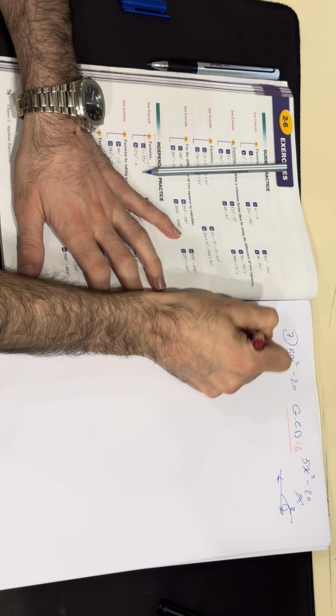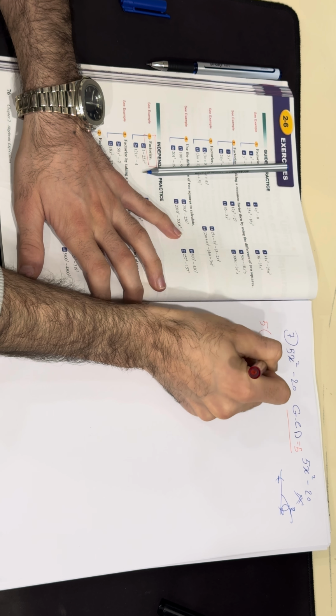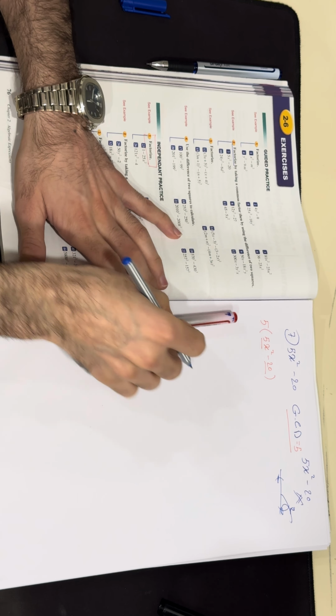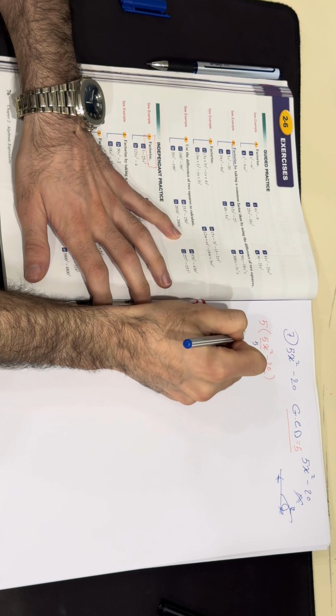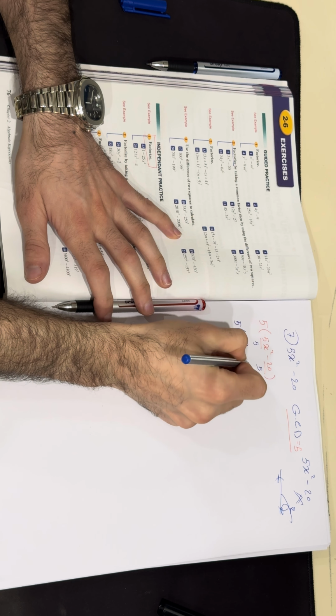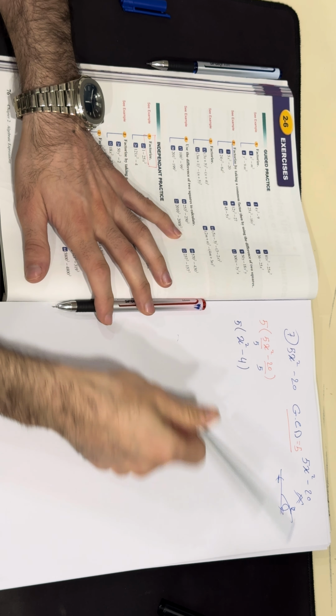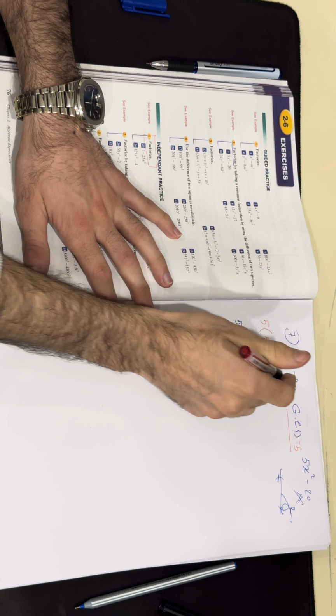So I'm going to write 5 outside, then 5x power 2 minus 20 inside. Then I'm going to divide both of them by this 5 which we wrote outside. So 5 divided by 5 is 1, no need to write 1, minus 20 divided by 5 is 4, and no need to write any letter because we don't have any letter there.